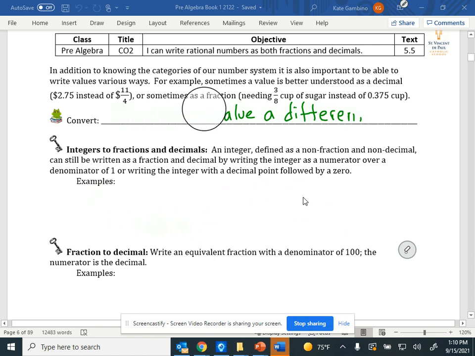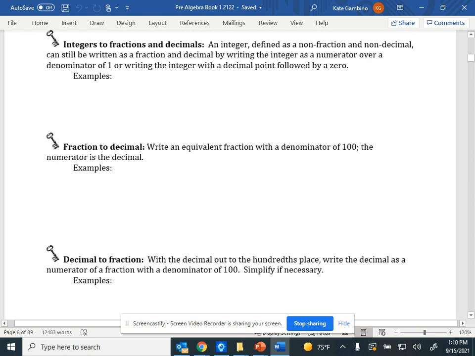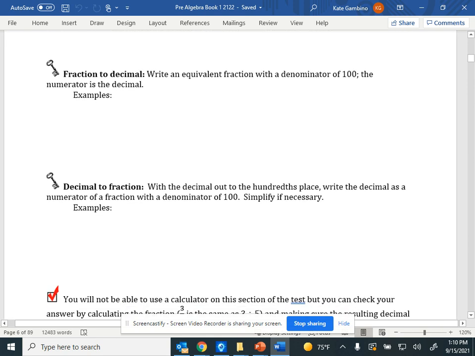All right, so let's scroll up. Fractions to decimals.